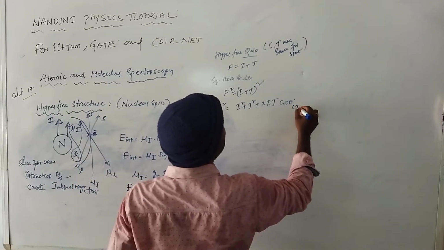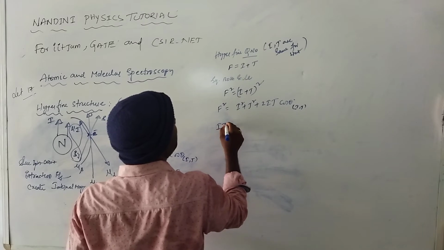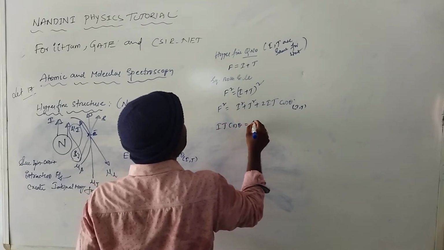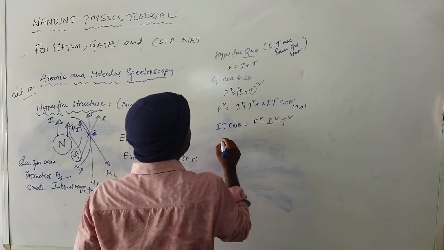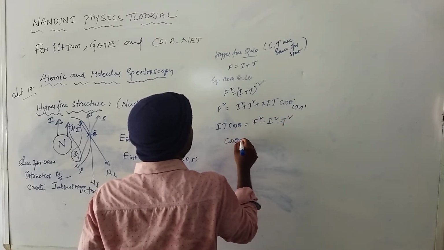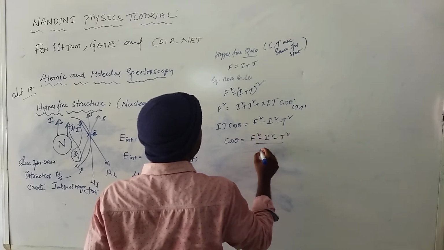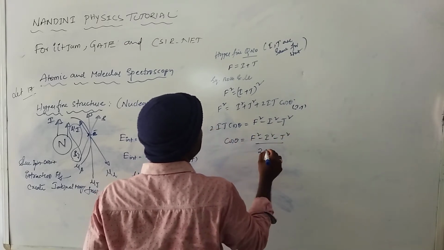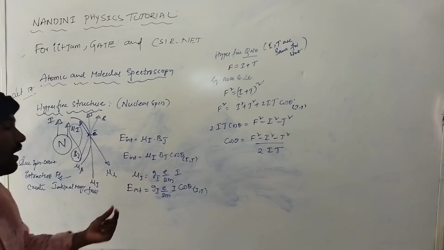So, you can write this equation as IJ cos theta equal to F square minus I square minus J square. Therefore, cos theta is F square minus I square minus J square by 2 into I into J, because 2 is there. So finally, you will get the value of cos theta IJ.